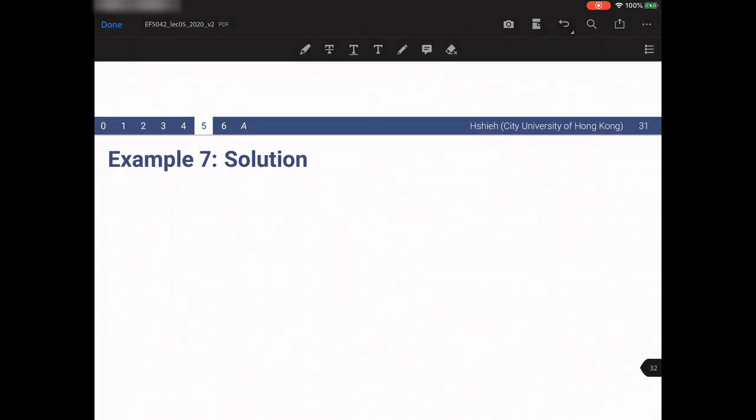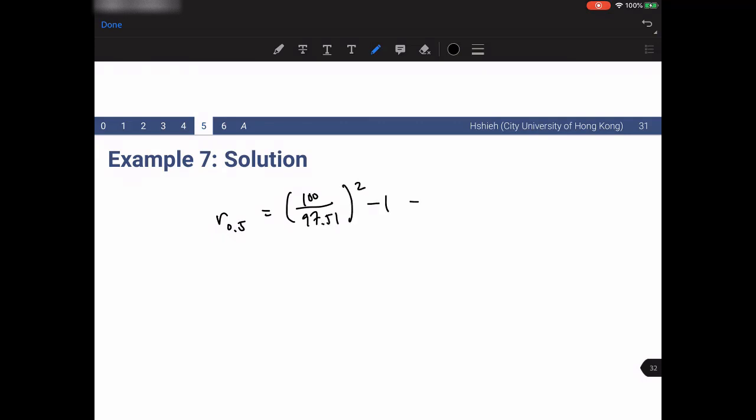So that means that R 0.5 is equal to 100 divided by 97.51 squared minus 1, which is equal to 5.2%. Similarly, R1 is equal to 100 divided by 94.56 minus 1 equal to 5.8%.